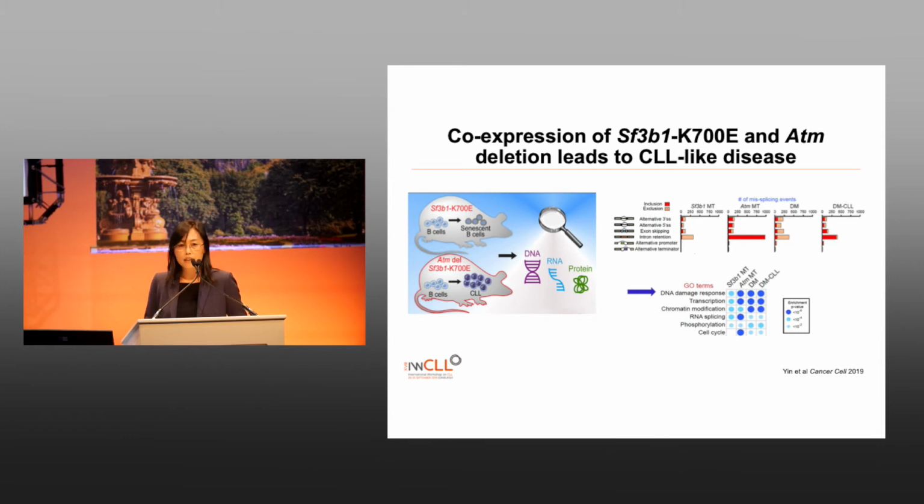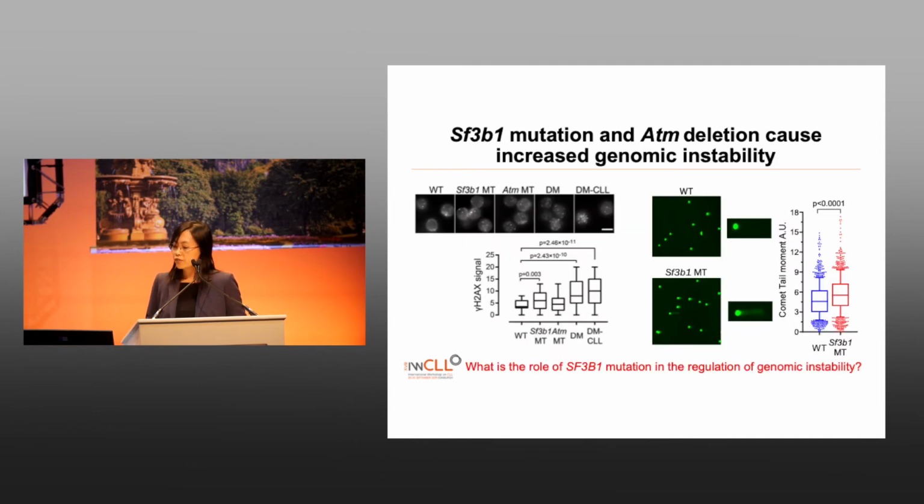To further understand how these splice variants associated with the DNA damage response impact DNA damage, we first checked gamma H2AX, an indicator of genomic instability, in the splenic B cells which have either the SF3B1 mutation, the ATM mutation, or the double mutation.